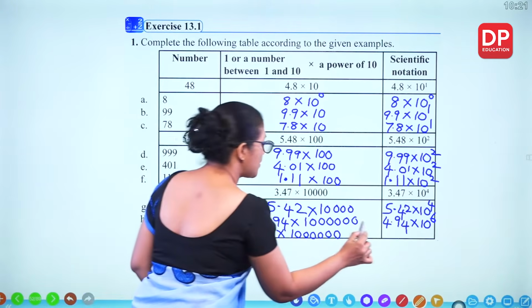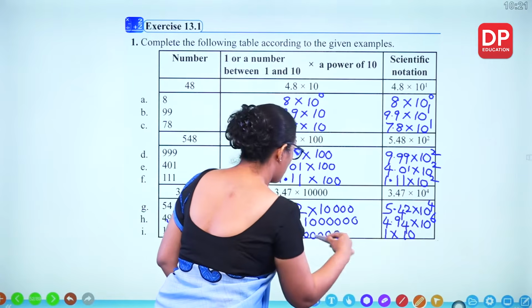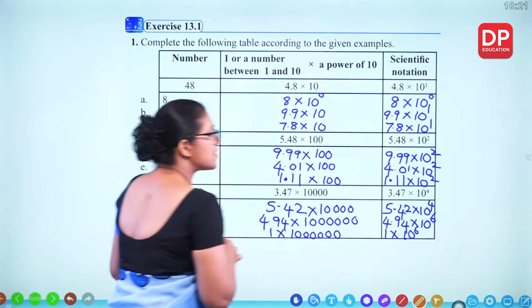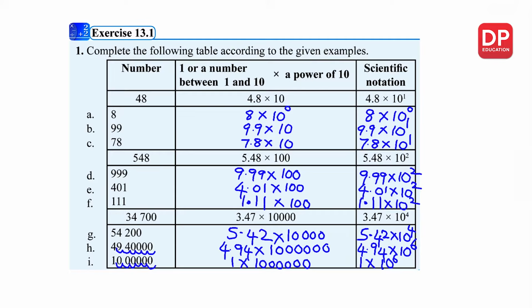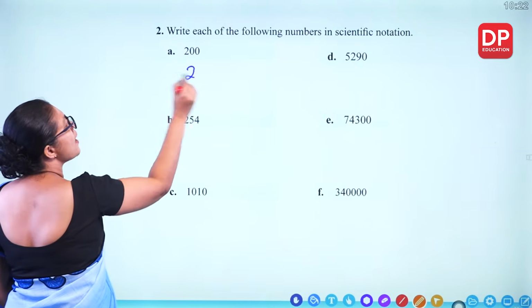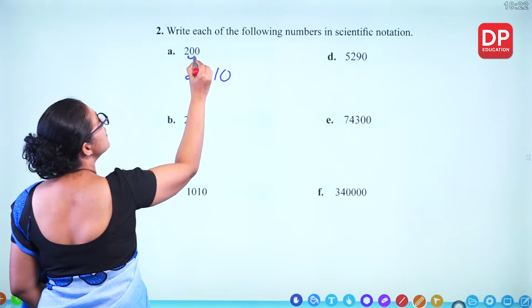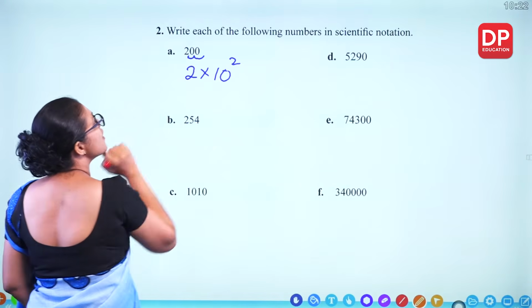In scientific notation, I can write 1 times 10 to the power positive 6. Question number 2. Write each of the following numbers in scientific notation. 200. So the number less than 10 is 2. 10 to the power 2 places to the right, so 10 to the power 2.